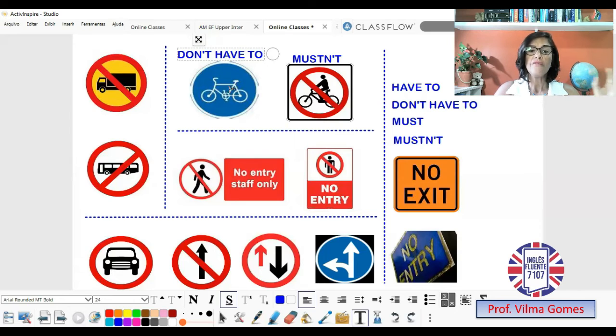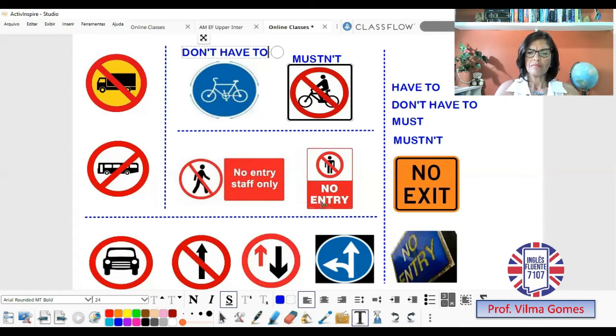And in this area here, if you see a sign in an area, that means you can cycle. It's okay for you to cycle. You don't have to, but it's okay for you to do it. Ok? Você não tem que fazê-lo, mas você já tem a permissão de fazê-lo, se assim o quiser, né? You don't have to, but you can do it, certo? Você não tem a obrigação de fazê-lo, mas você já tem a permissão de fazê-lo.